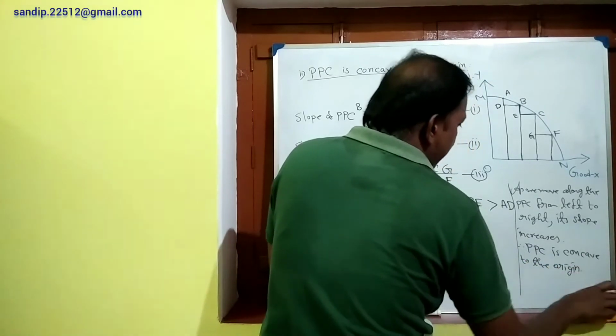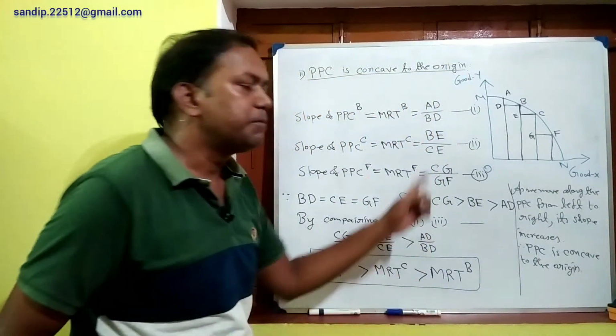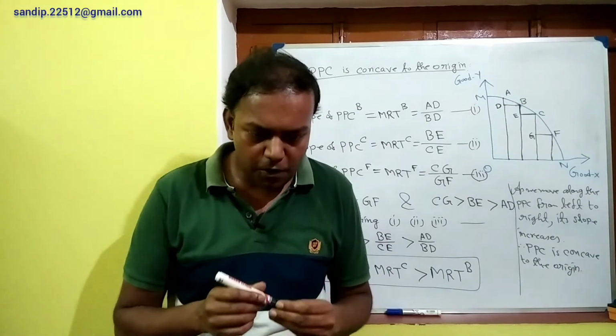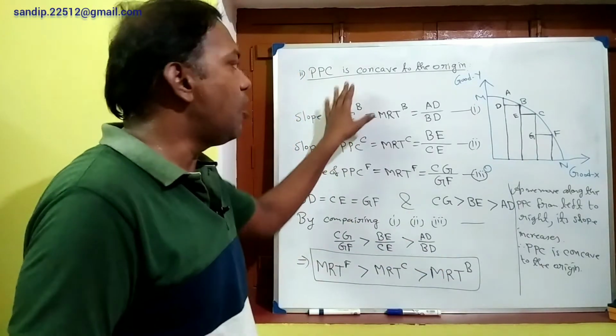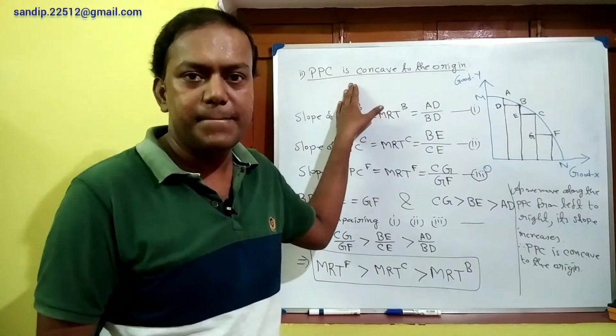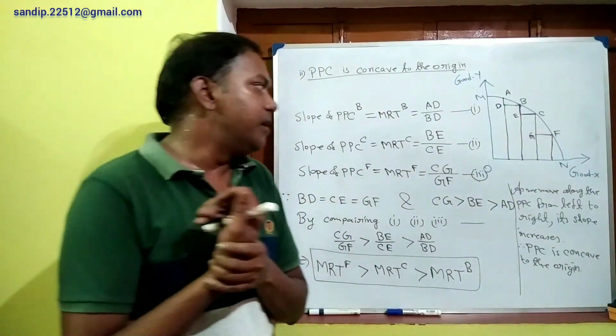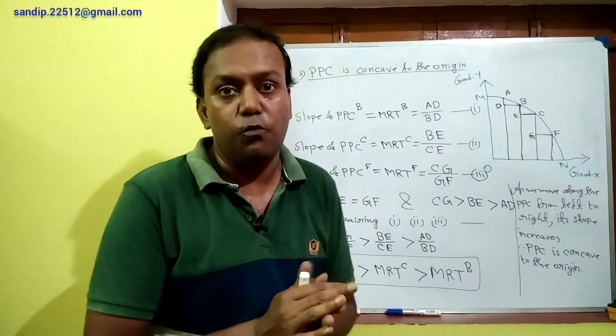So this one is the proof of the second property of PPC. Clear? So this one is the proof.